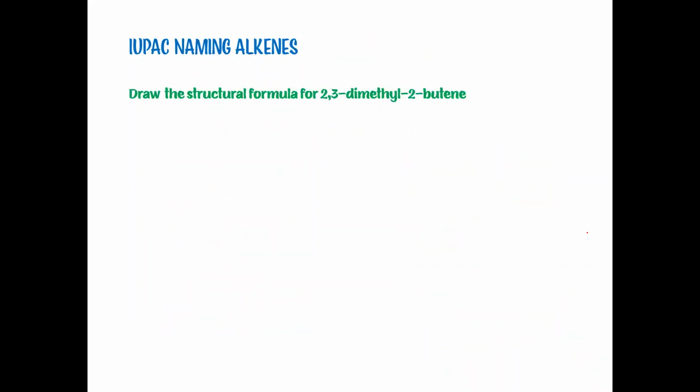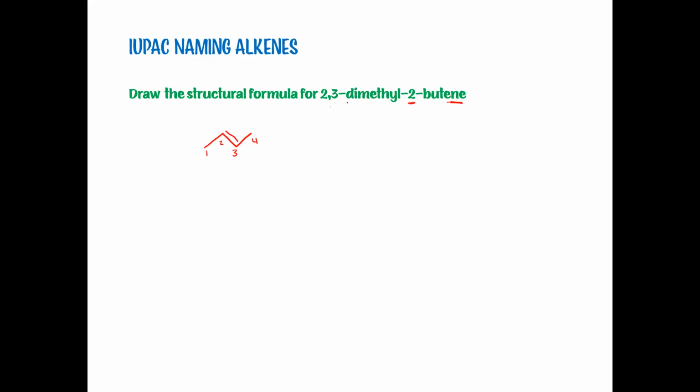Now we want to draw the structural formula for this compound. We have 2,3-dimethyl-2-butene. The first thing we're going to do is draw out our 4-carbon chain. We have 1, 2, 3, 4. We have the carbon-carbon double bond starting on 2, so it's 2, 3.